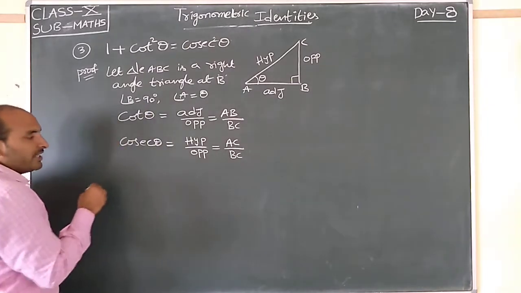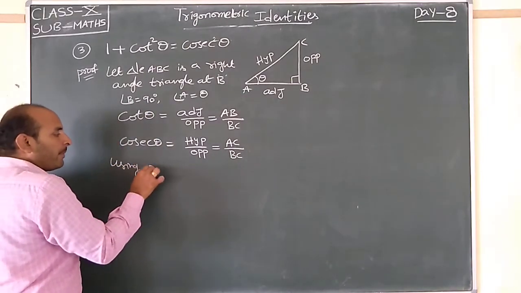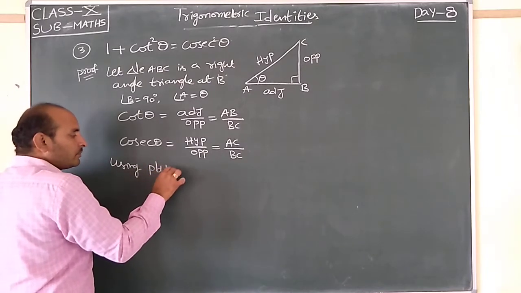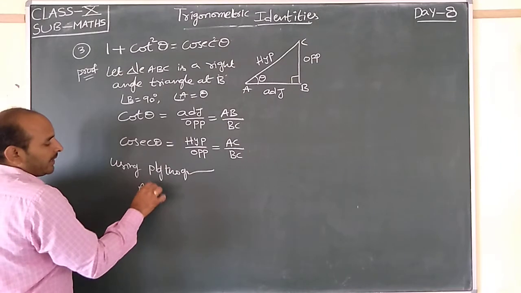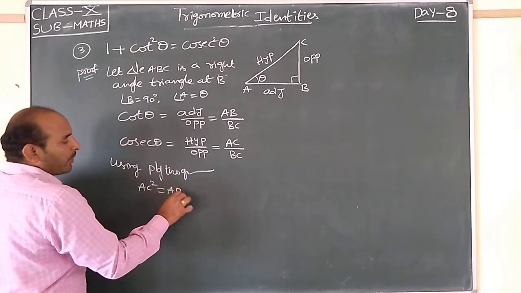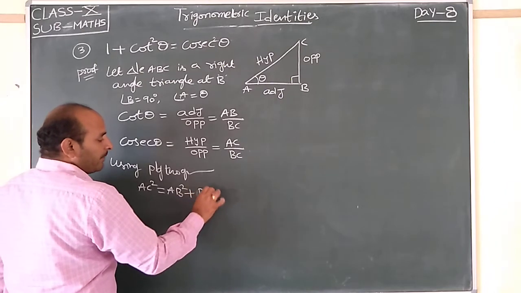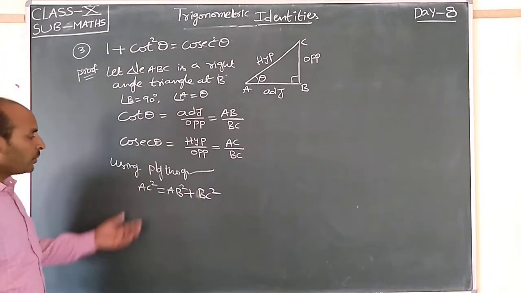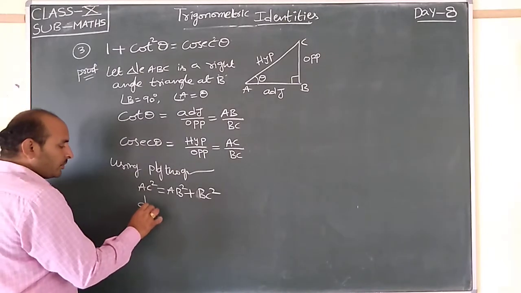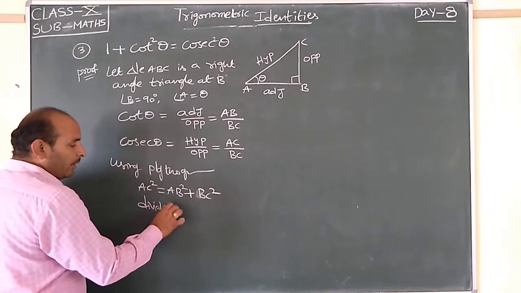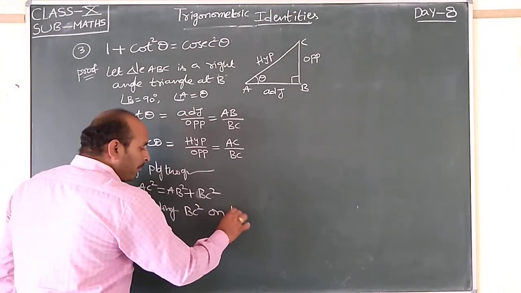Next, using Pythagoras theorem, AC square is equal to AB square plus BC square. In this equation, divide by BC square on both sides.